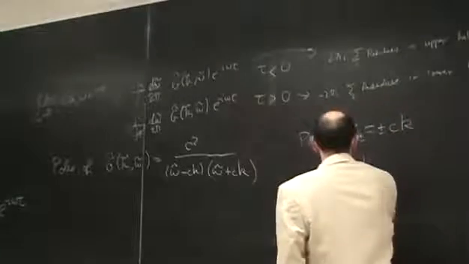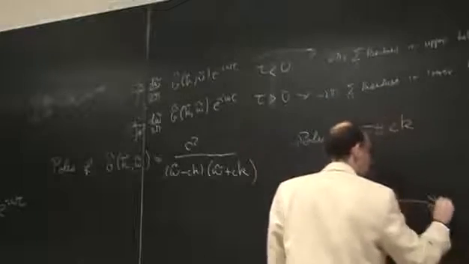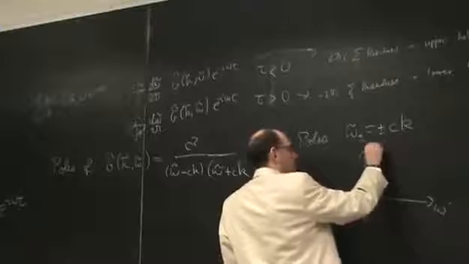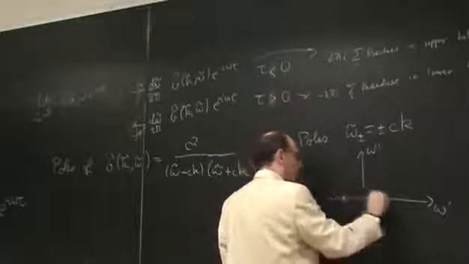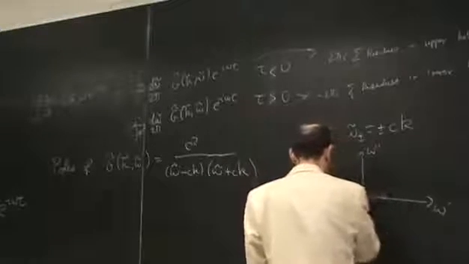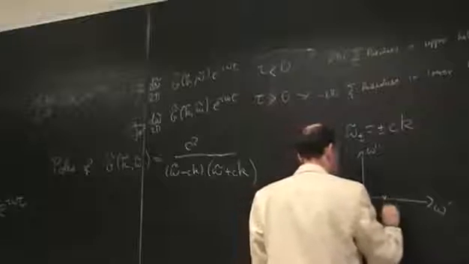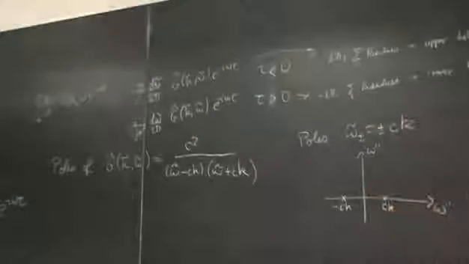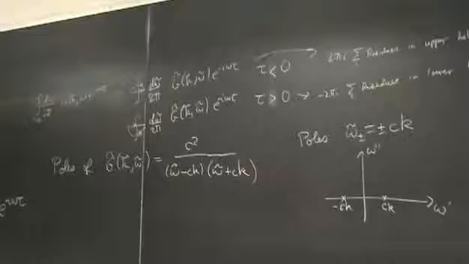So as to say, if I were to look at this, we have a pole here and a pole here. So the causality is not in the wave equation itself. In fact, it's completely ambiguous.